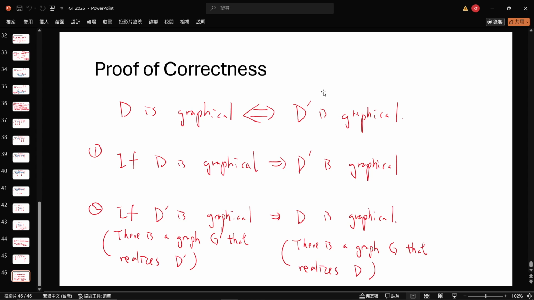But we also need to consider another direction. That is, if the original degree sequence is not graphical, so the answer is no, we have to make sure that after we simplify the degree sequence, the answer is still no. This is actually equivalent to this statement.